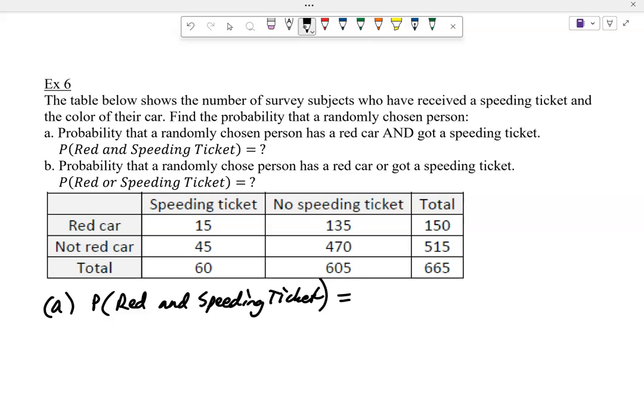Well, how many have a red car and a speeding ticket? Looks like there's 15 of those out of the total 665 people. Both those go into 5, so 3 out of 133.